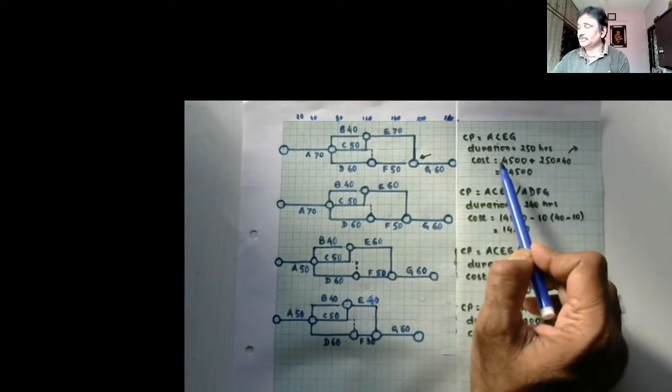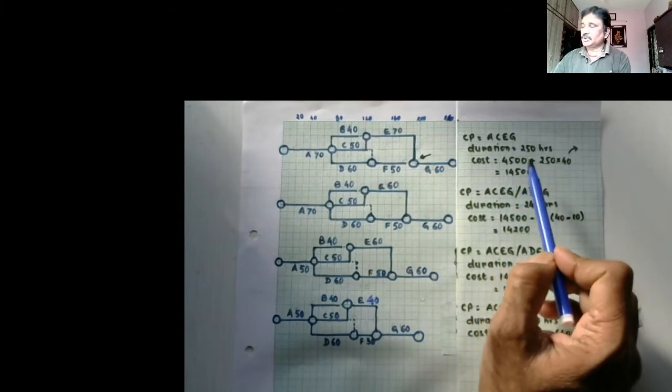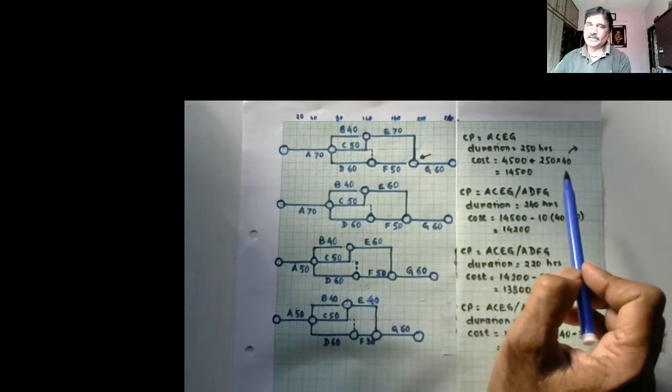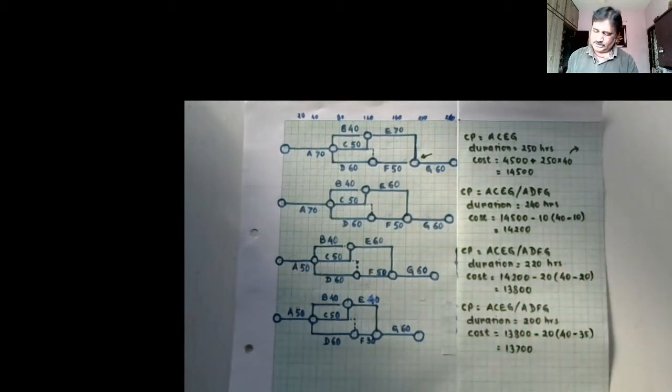Direct cost is 4,500, so total cost is 14,500. Normally the indirect cost is lesser and direct cost is higher, but here somehow indirect cost is more, but that doesn't make a difference in optimization. The approach will be the same.